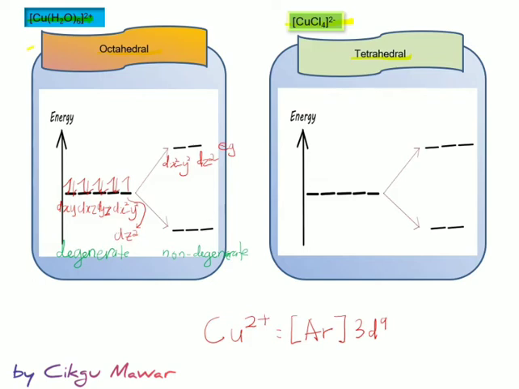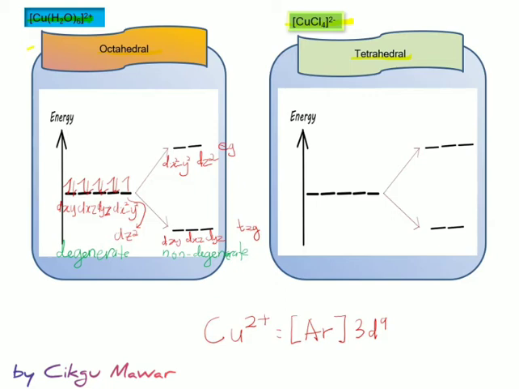The lower energy set is the non-axial orbitals, which are dxy, dxz, and dyz. This lower energy set we call the T2g level. This is for the octahedral non-degenerate orbitals. Now, how do we fill up the electrons?